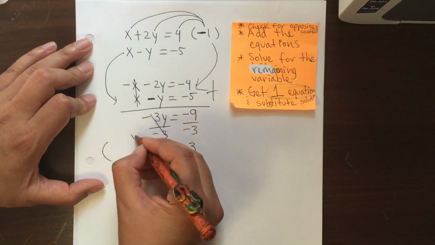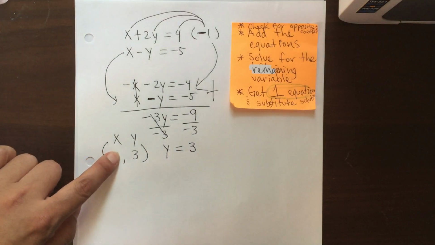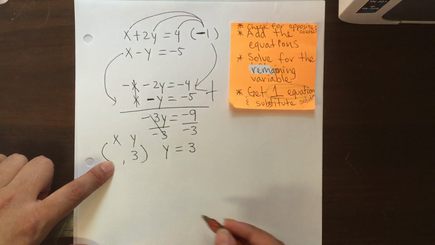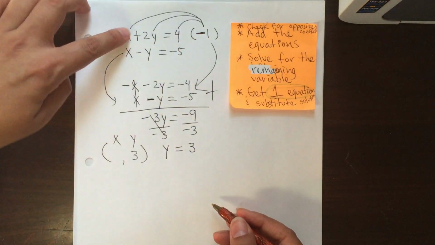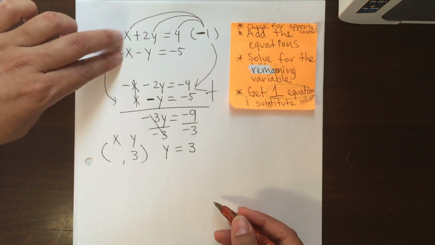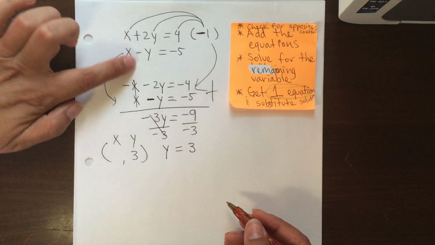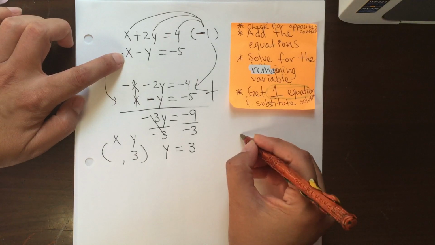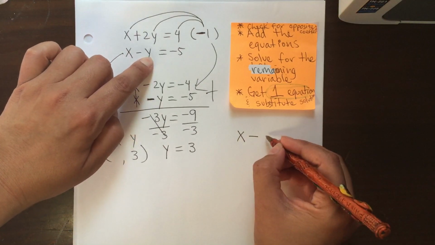We already have our y, which is 3. Now we need to find x. I'm going to choose one of the equations to substitute my solution. And so it will be, let me see, I'll do the second one. And so I'm going to put x minus, and then it says y.